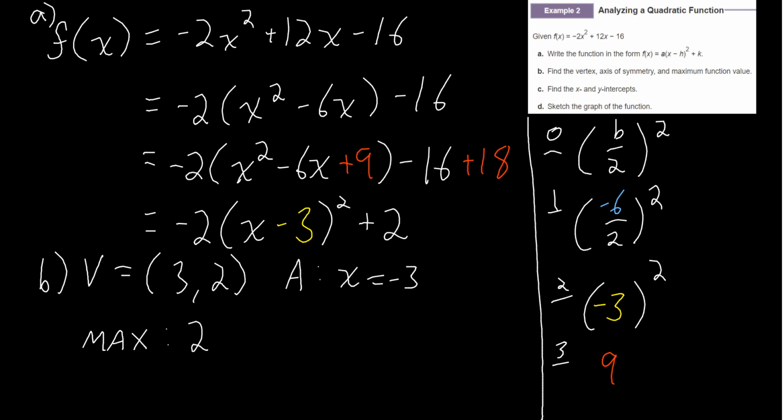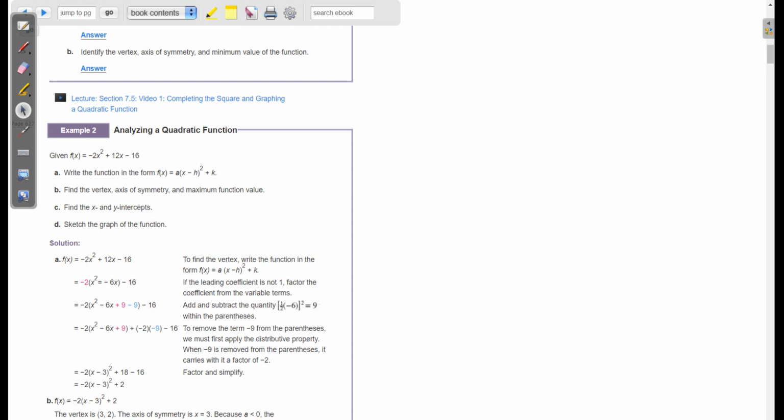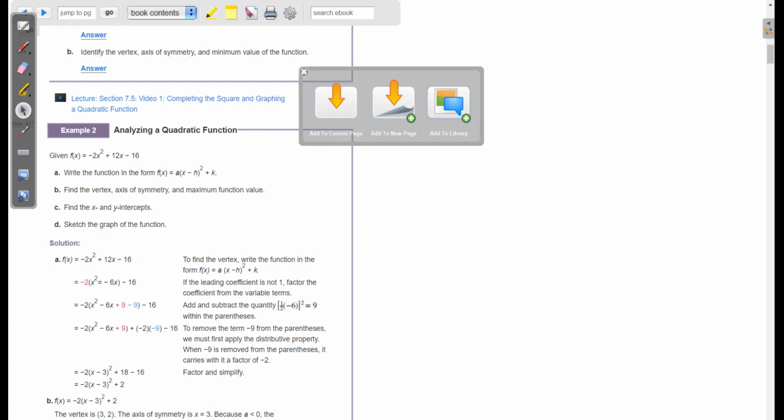Next up, we're going to find the x and y intercepts. And of course, the x and y intercepts are, I dare say, kind of easy. So let's go ahead and put this on the next page. C is to find the x and y intercepts.